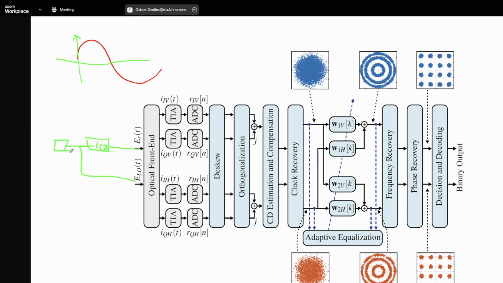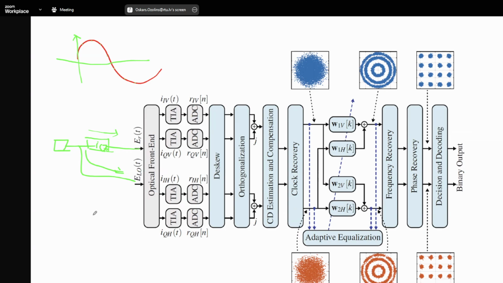The important part is that the time delay in this path and in this path is the same. Then we can call this a self-homodyne system. In self-homodyne, you use the same laser. You can use two different lasers, but then they need to have very small or no linewidth at all to have a homodyne system.